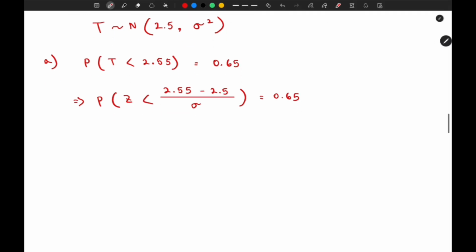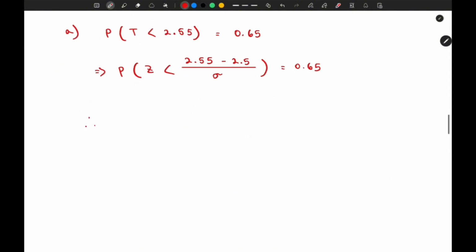We do not have an exact value for 0.65, but we do have a very close value, 0.6517. So we can take this value, and when phi z is 0.6517, the value of z is 0.39. Now we can say that this is equal to 0.39.